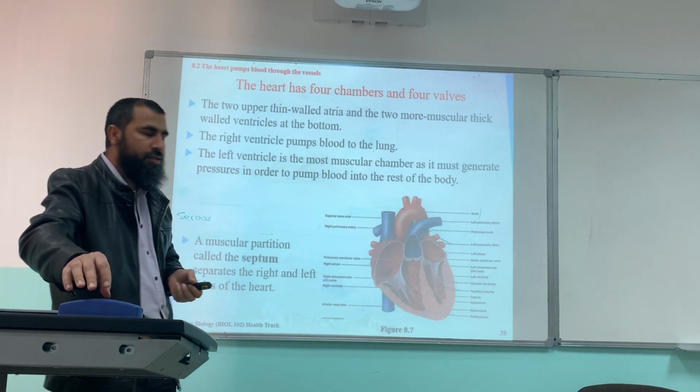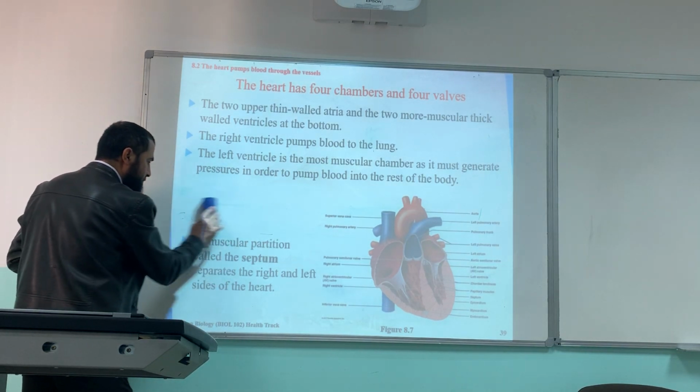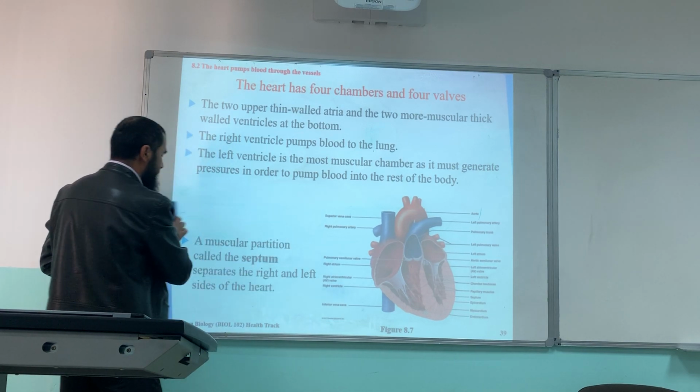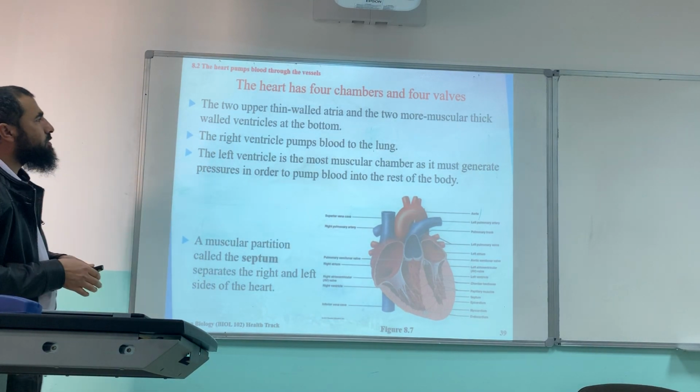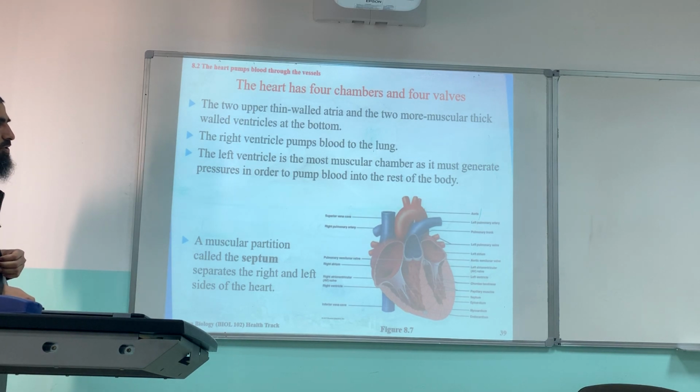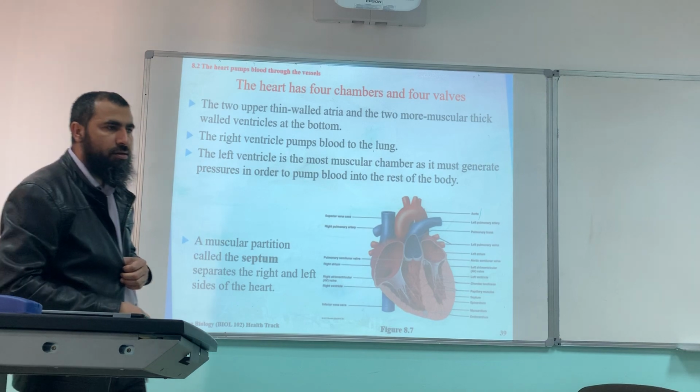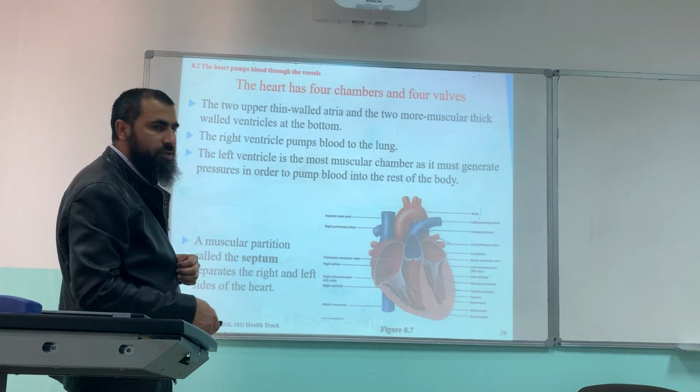Let's have a look at inside the heart, see what we find. When we look inside the heart, we find that it has 4 chambers. 2 upper chambers, we call them the atria, or sometimes singular atrium.